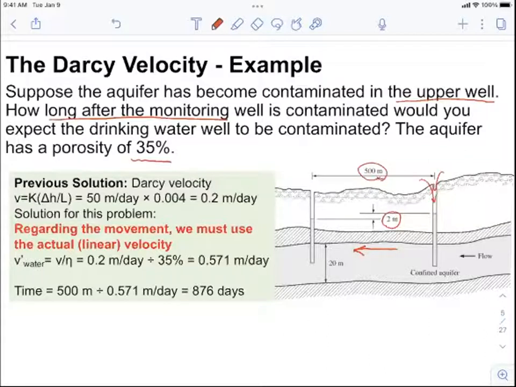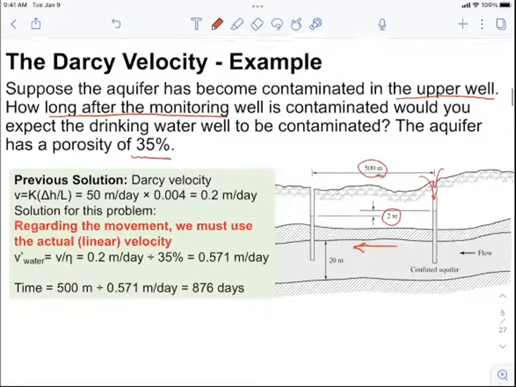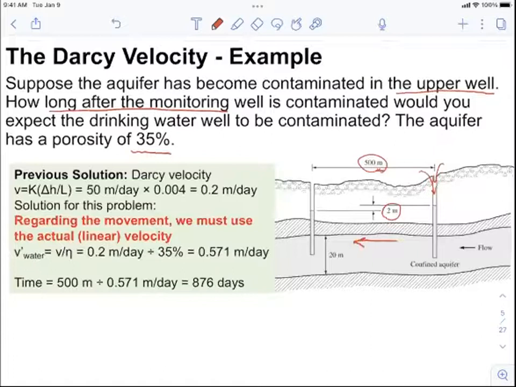So this is related to the actual velocity, right? As we already calculated earlier, the Darcy velocity is 0.2 meter per day. And regarding the movement of the water, we must use the actual velocity or the linear velocity. That is calculated by the Darcy velocity divided by the porosity, and that turns out to be 0.571 meter per day.